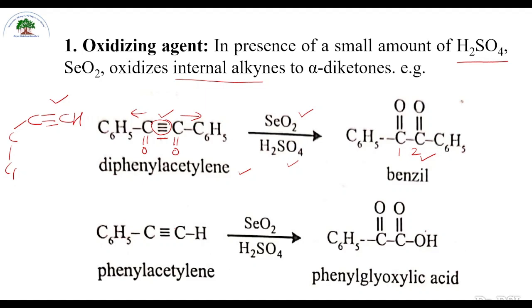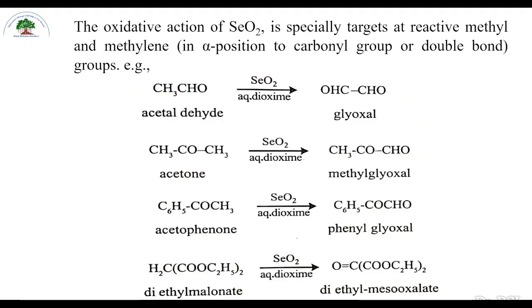This is a terminal alkyne, and this phenyl acetylene is also oxidized in presence of selenium dioxide and sulfuric acid to phenyl glyoxylic acid. Here the same reaction happens. This triple bond is converted into a single bond, and both the carbons have been converted into carbonyl groups.